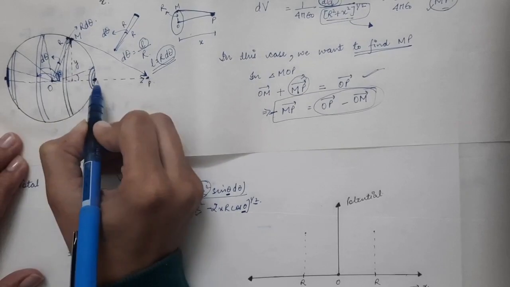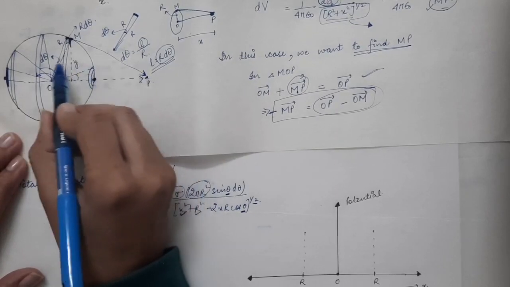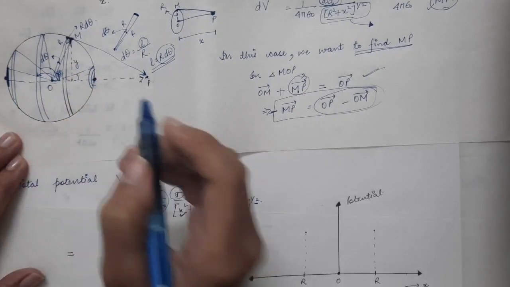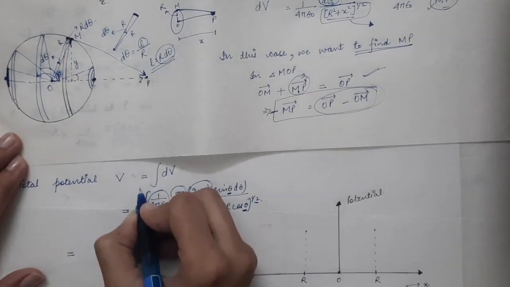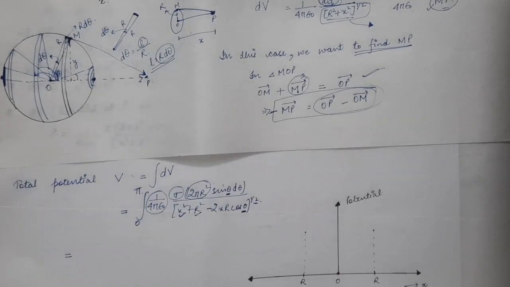So the minimum limit of theta is 0 and the maximum limit that can be approached is 180 degrees. So the limits of theta will go from 0 to pi.